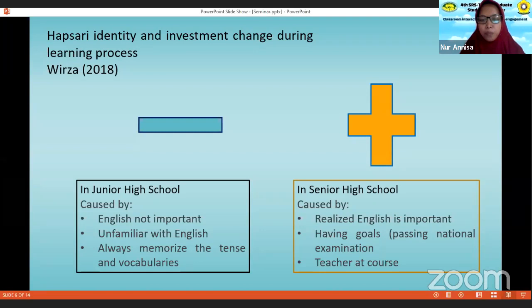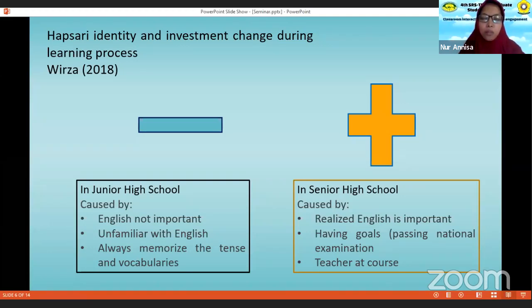The goal of Hapsari was to pass the national examination with higher scores. And then the turning point for Hapsari was when the tutor or the teacher in the course gave Hapsari more chance to practice in the classroom.